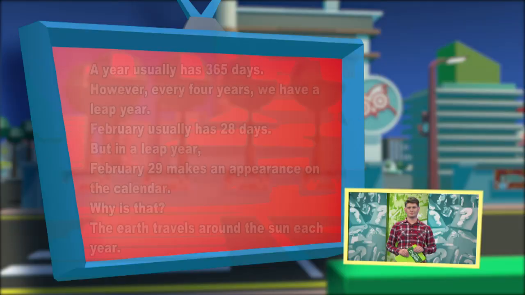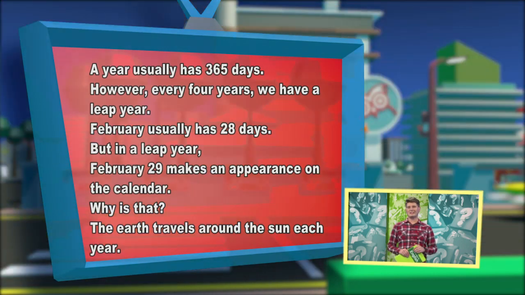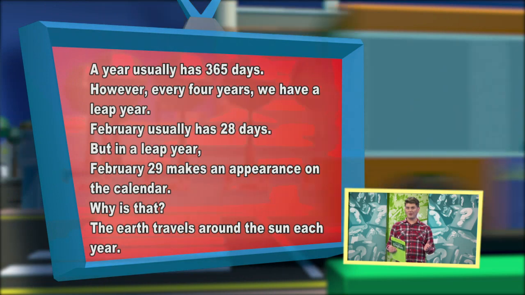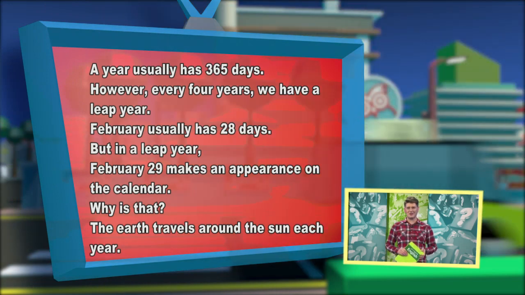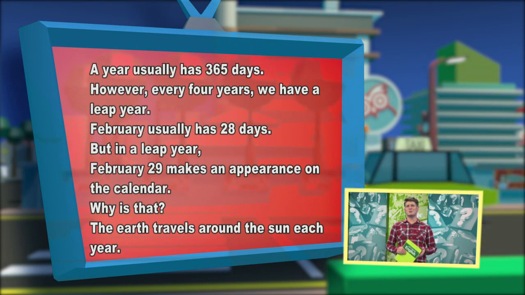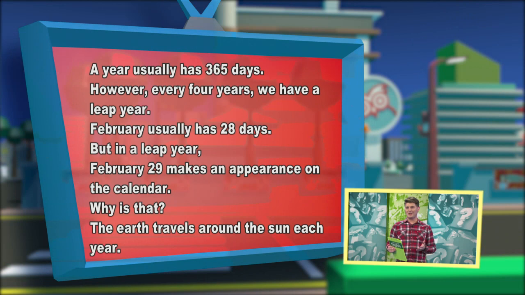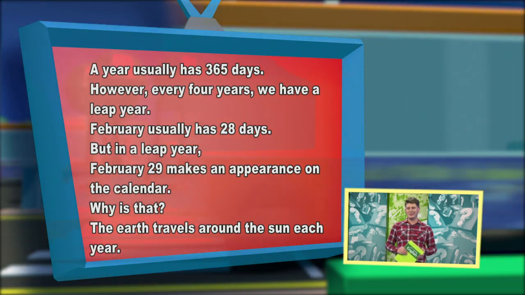Garrett, can you help us with today's reading? A year usually has 365 days. However, every 4 years, we have a leap year. February usually has 28 days, but in a leap year, February 29th makes an appearance on the calendar.